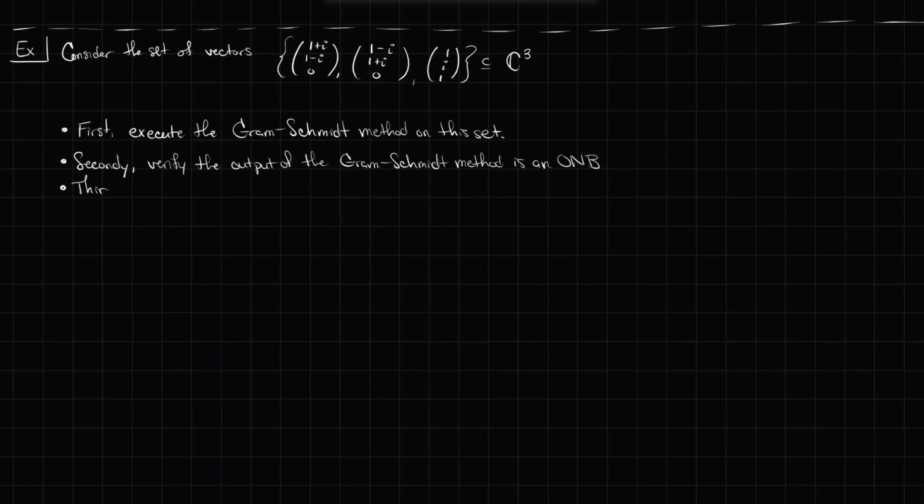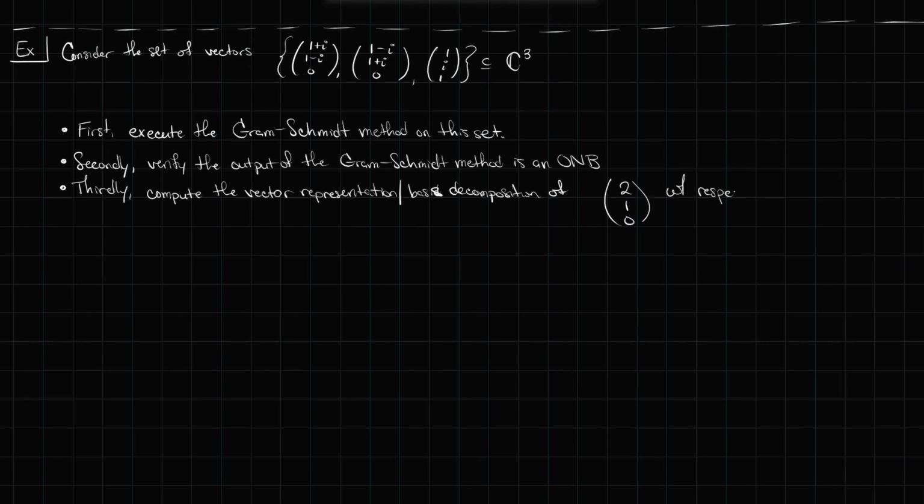And thirdly, compute the vector representation, or basis decomposition, I should say, basis decomposition of the vector (2, 1, 0) with respect to the ONB created.